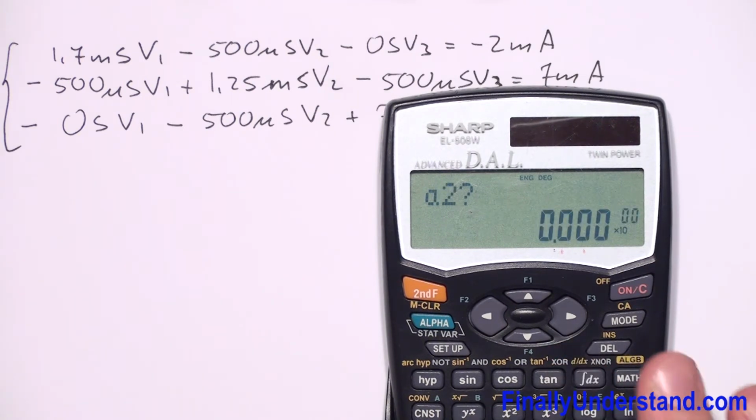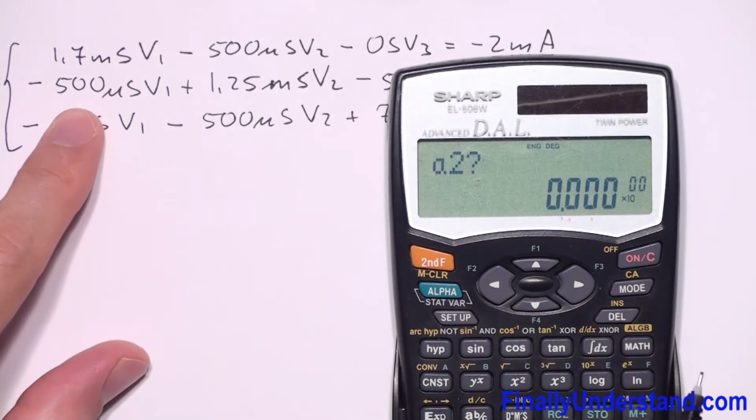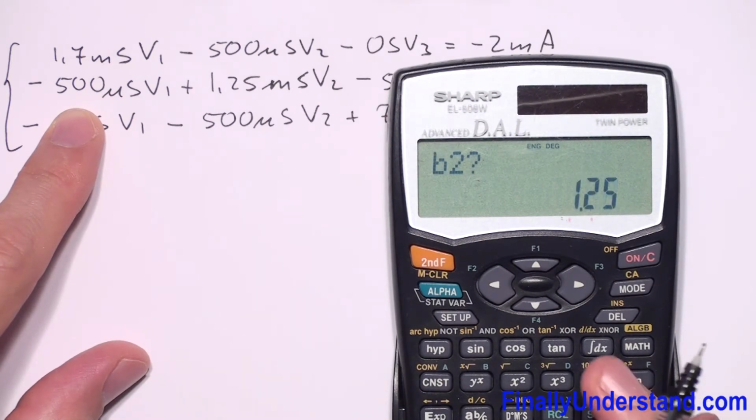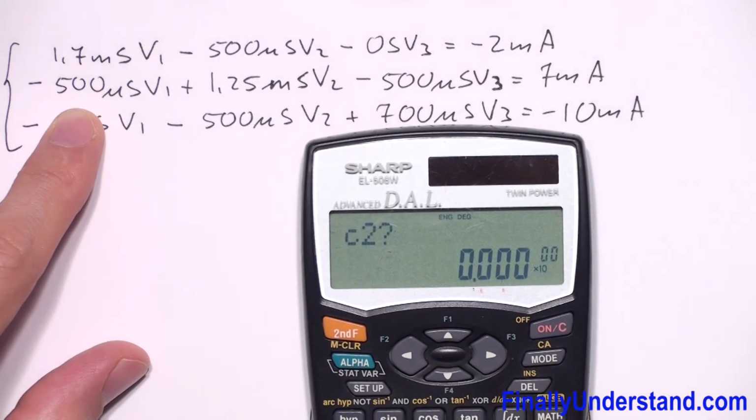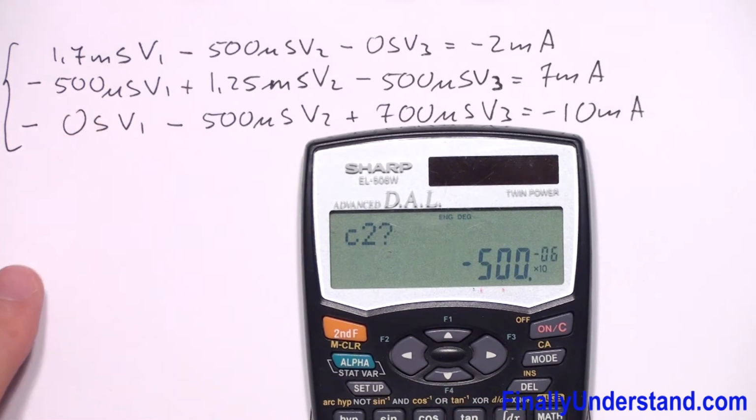Okay, next I have 500 negative exponent 6 negative, and I have 1.25 exponent 3 negative, and I have 500 negative exponent 6 negative, and I have 7 exponent 3 negative.